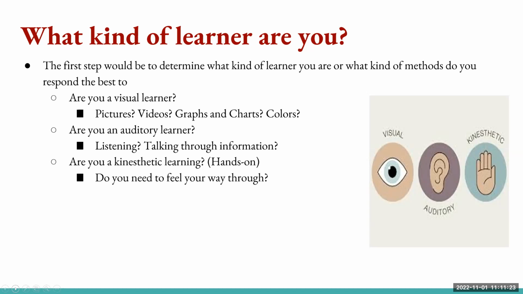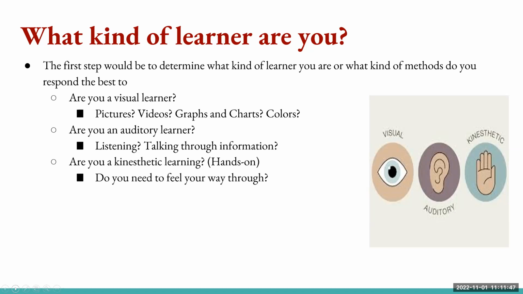Because the type of learner you are is going to also play a part in how and when and maybe where you study. For instance, if you're a visual learner, you're a person who reads things and sees it with your eyes. So that might be pictures or the text itself, videos or graphs, all of those things that you visualize that helps you remember.